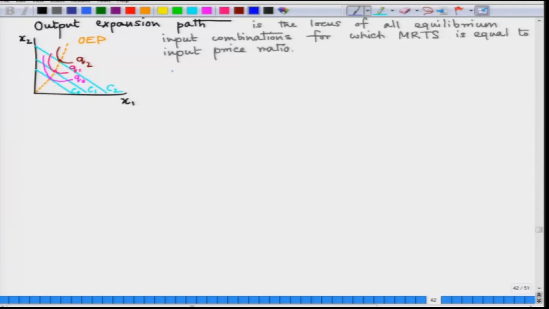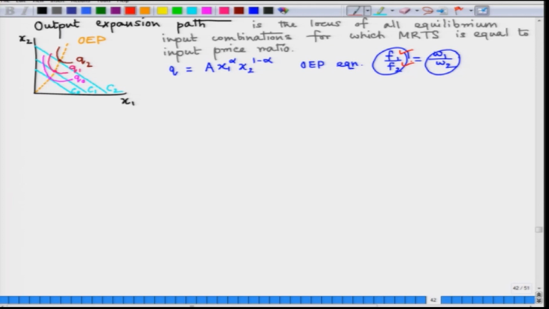So, we start with the original form of a Cobb-Douglas production function, displaying a CRS technology, and the equation which represents OEP is given by F1 divided by F2 equal to W1 divided by W2, the slope of the isoquant and the slope of the isocost line. So, now we can plug values for this.